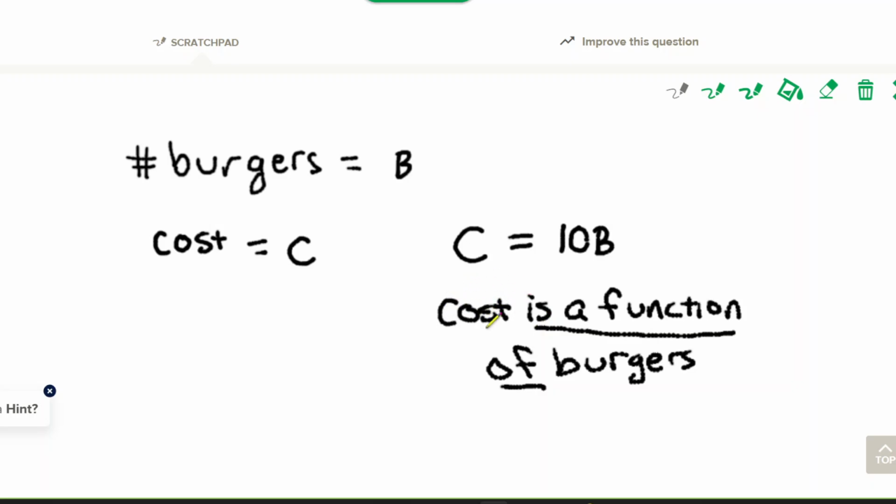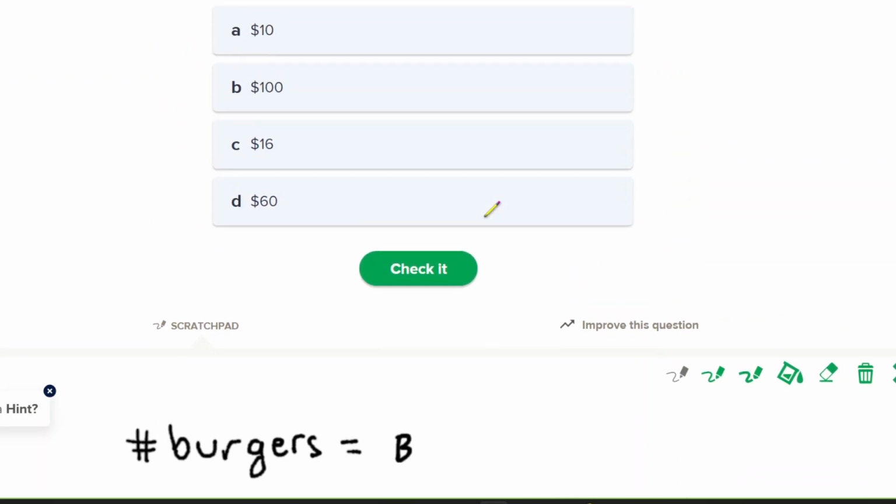So when I say cost is a function of burgers, it means every number of burgers I choose will give me a single cost. If I were to eat one burger, replace B with one, you'd get $10 cost, and that's it. There'd be no other cost associated with that. Two burgers, $20. So they're asking when B is 6, obviously this would be 10 times 6, $60 for the cost.